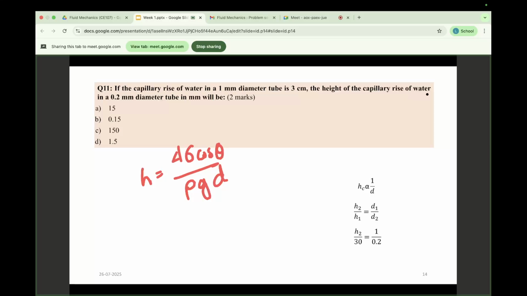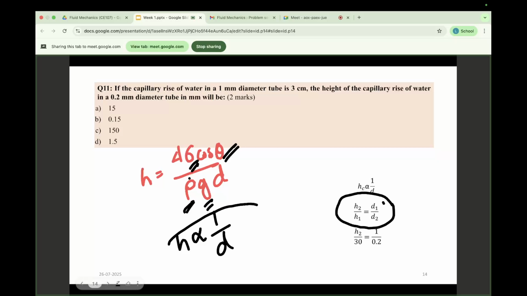That means the properties, density, surface tension force, and theta, all these things will not change because it's water. If any other fluid is there, then it may change. And gravity is always constant. So I can say that H is proportional to 1 by D, right? So I can write this thing. So, H2 by H1 equal to D1 by D2.